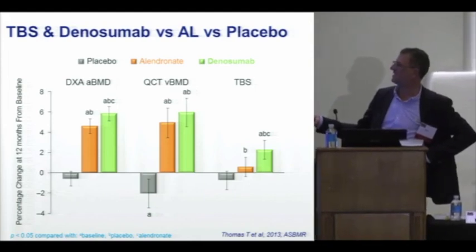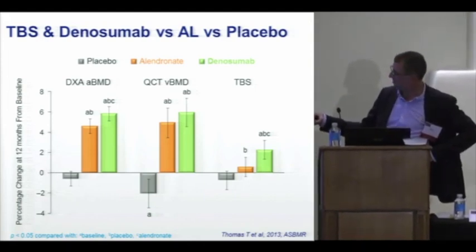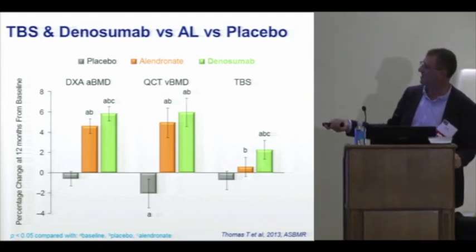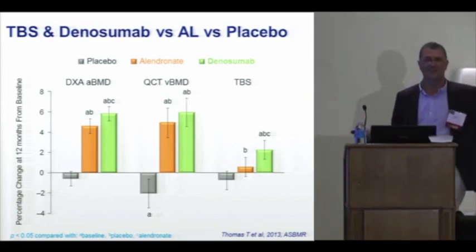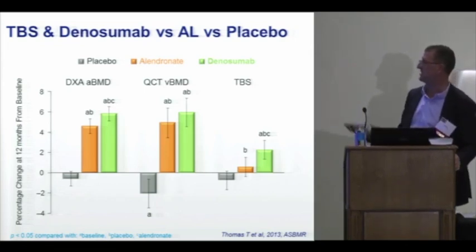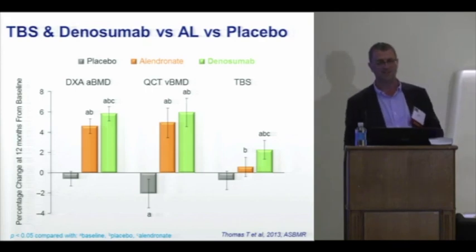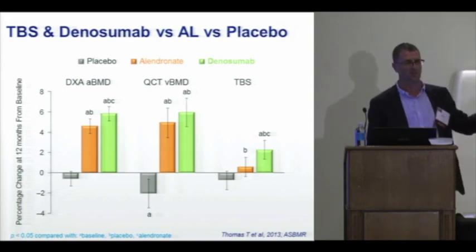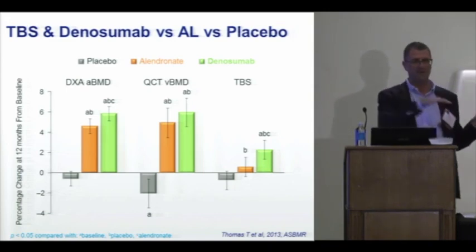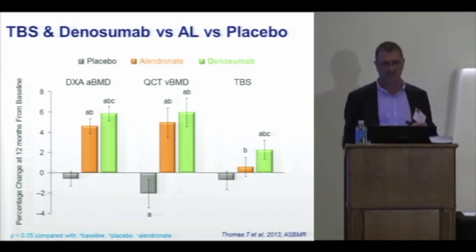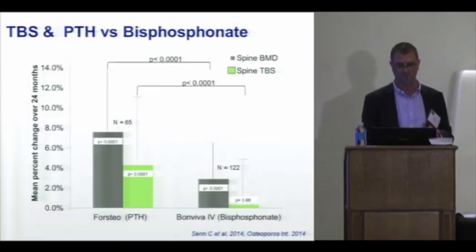You have an increase, a slight but significant increase with alendronate, let's say, with a difference from the placebo, but roughly a stabilization. And then you have about 2.3% increase with denosumab in a head-to-head study, blinded, of course, for the analysis. So it's quite consistent: with bisphosphonate you see a maintenance of the structure, while on denosumab you were seeing some slight increase in the structure of the bone.